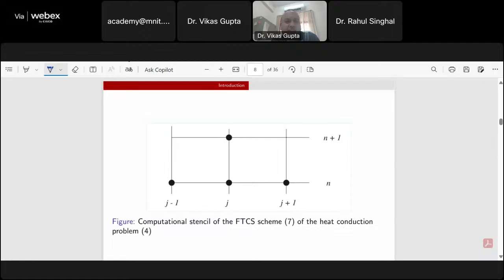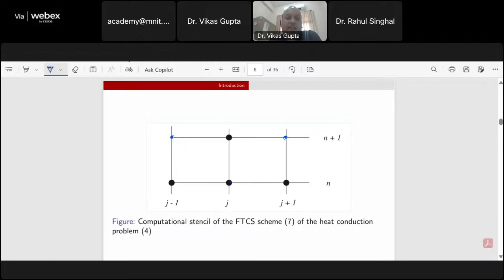While in the implicit scheme, we have a different thing. In the implicit scheme, we have information only at the xj, tn point, and with the help of this, we try to find the solution at the xj, tn plus 1 point with the help of xj minus 1, tn plus 1, and xj plus 1, tn plus 1.